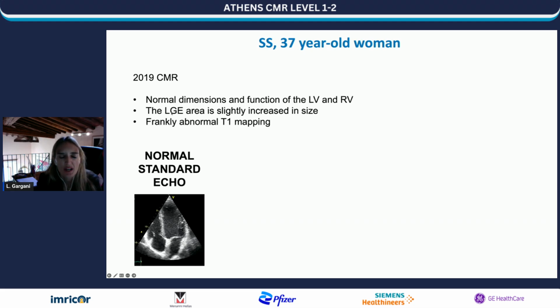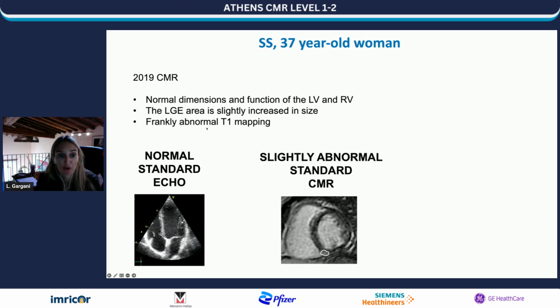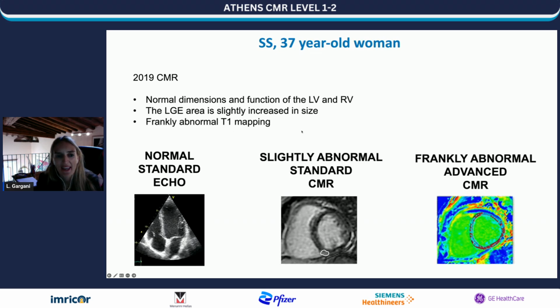There was a small LGE area, but she had a frankly abnormal T1 mapping. So again, this was a patient with a completely normal standard echo with a slightly abnormal standard CMR, but we have seen that we find this in many patients, but with a frankly abnormal advanced CMR.